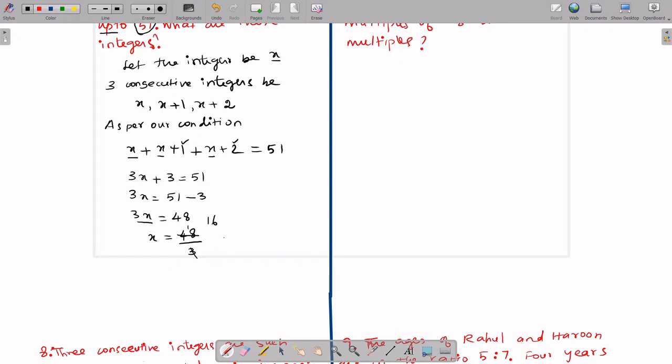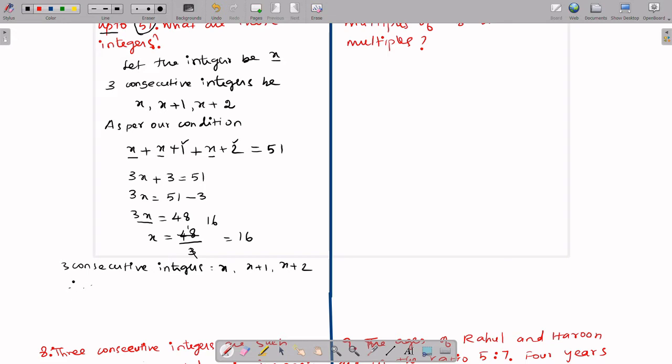So the value of x is equal to 16, but we have to find all the 3 integers, isn't it? The 3 consecutive integers we considered as x, x plus 1 and x plus 2.